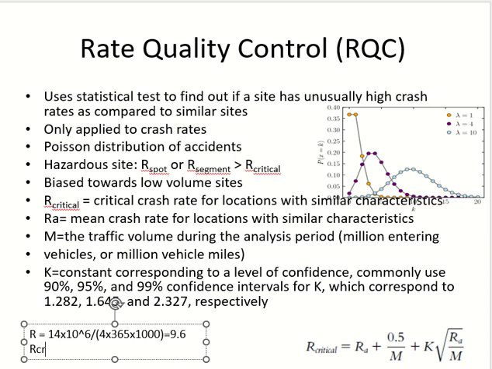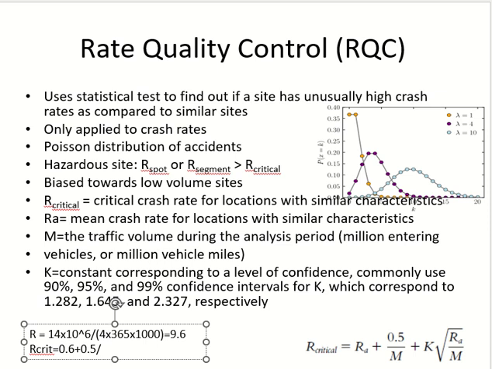Now I'll calculate R critical. RA is the average rate, which is 0.6. Then we have 0.6 divided by the million entering vehicles on my site.